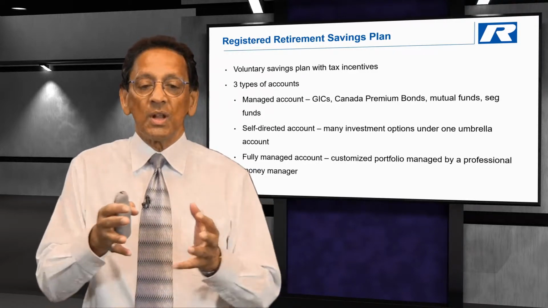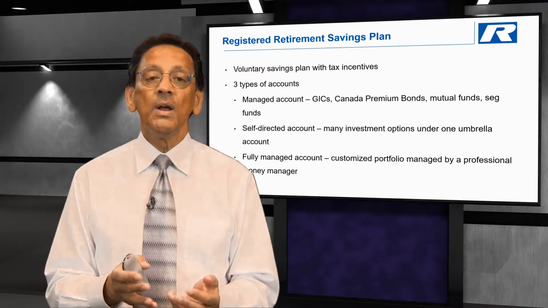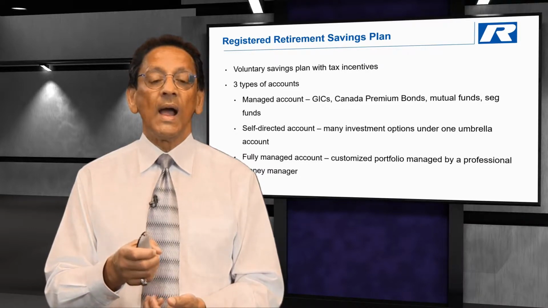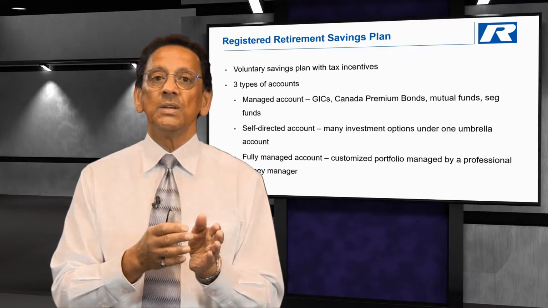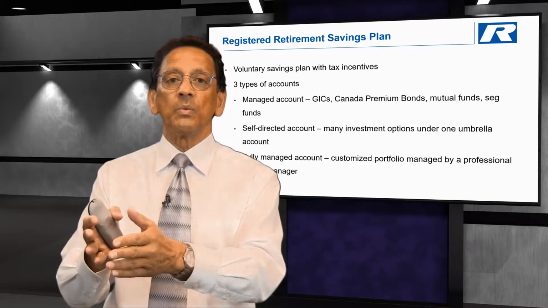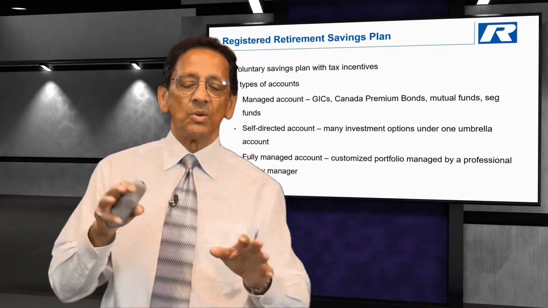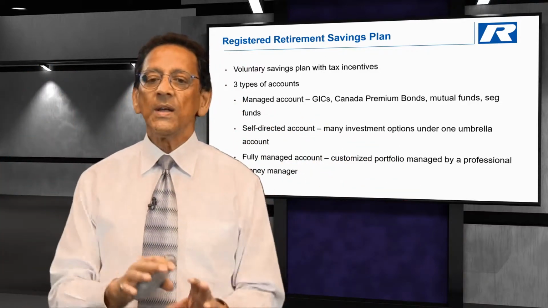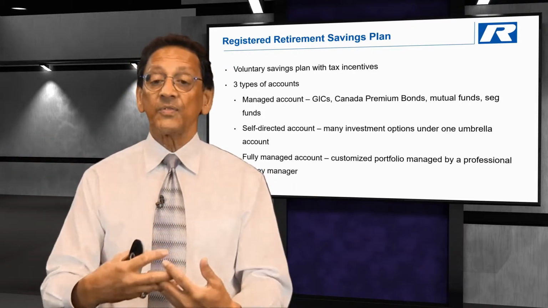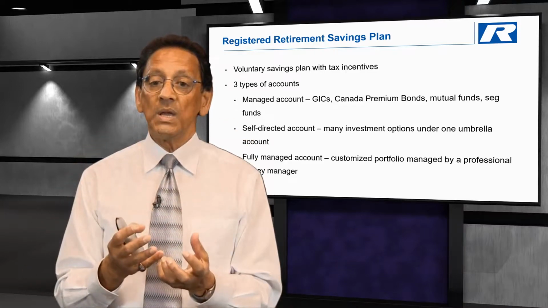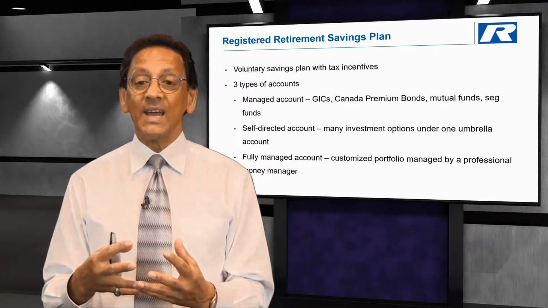I get a centralized report at the end of every quarter or every year, versus with a managed account, where I may get a statement from the bank with my GIC, a statement from an insurance company with my seg fund, and a statement from my mutual funds. So the managed accounts are all separate accounts that I have to consolidate and track together. A self-directed account does that for me, but I have to pay someone to bring all this together under one umbrella.